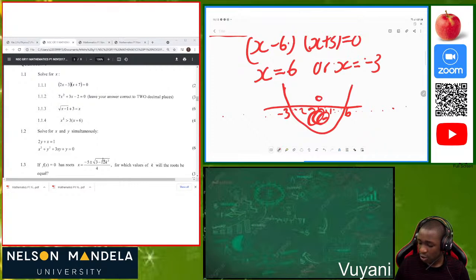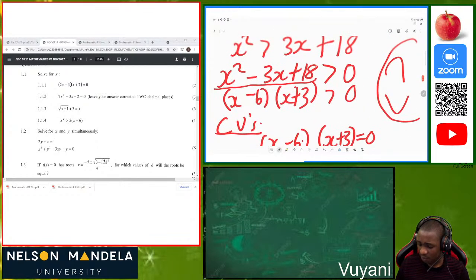When we are checking at the middle, we can just pick one value here, maybe let's use 0. So when substituting x to be 0, it's going to be 0 squared minus 3 times 0 plus 18. 0 squared is 0, minus 3 times 0 is 0, plus 18.